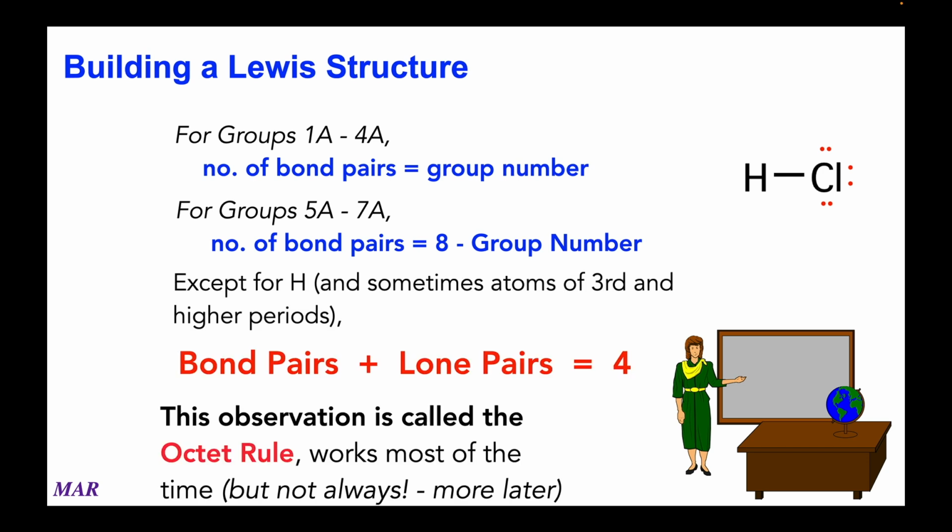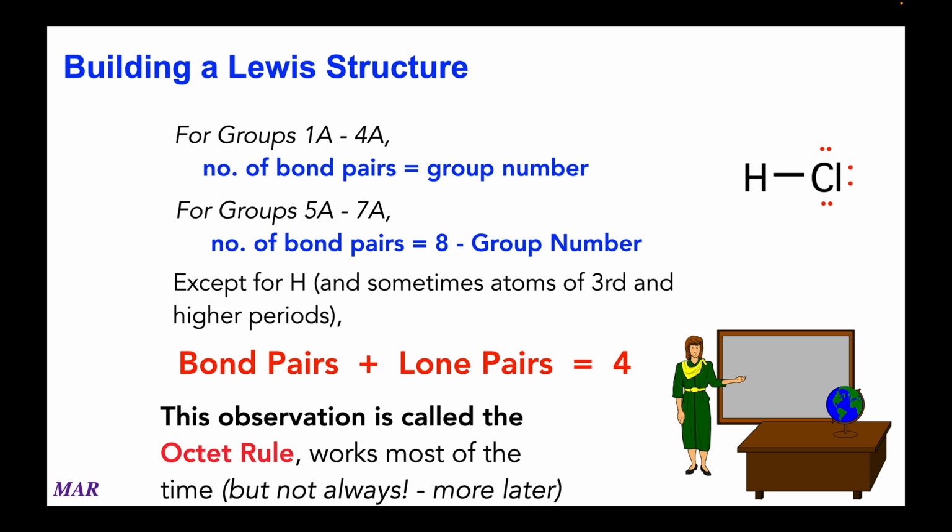We're going to see there's some exceptions, but if you have to make a guess, that's a pretty good place to start. Except for hydrogen and a couple other things we'll talk about later, generally speaking, bonding pairs plus lone pairs will equal 4. So if you look at chlorine, chlorine has 3 lone pairs and 1 bonding pair. 3 plus 1 equals 4. Now, each of those pairs is 2 electrons, so 4 times 2 is 8. They call this the octet rule, and an octet rule usually results in a stable configuration of that particular atom. It's not always right, okay?